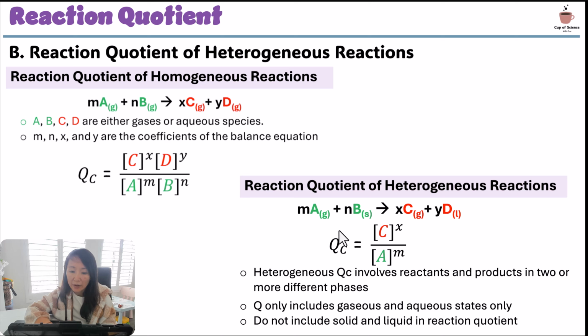In this scenario, the reaction quotient does not include solid and liquid. It only includes the gas and the aqueous. So look over here, you don't see the D, you don't see the B on the reactant side, and so you only see the C and the A, in which they're both gases. So we don't include the solid or the liquid to determine the reaction quotient.